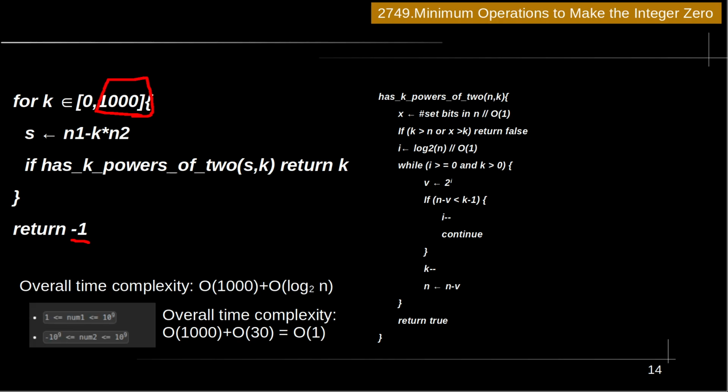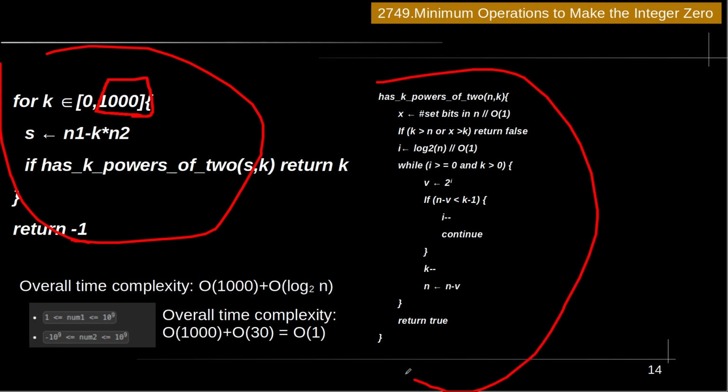The time complexity of this code is O(1) for this part, and you can say O(log base 2 of n) for this function. But here, as you see in the constraints of the problem, n could be at most 10 power 9.